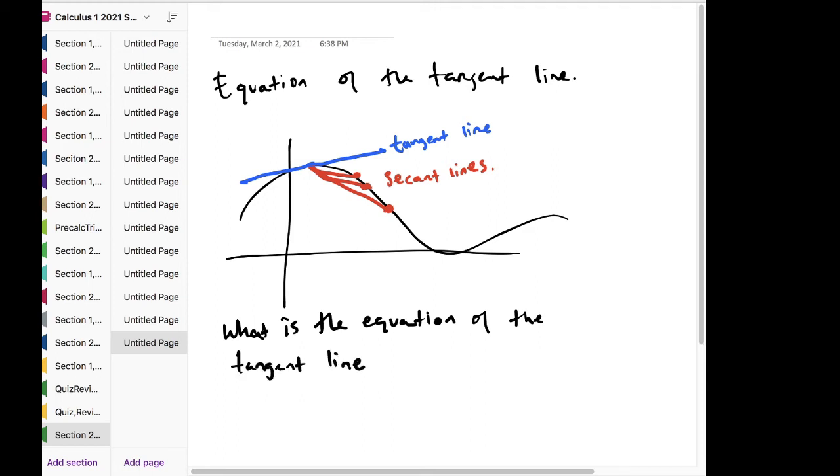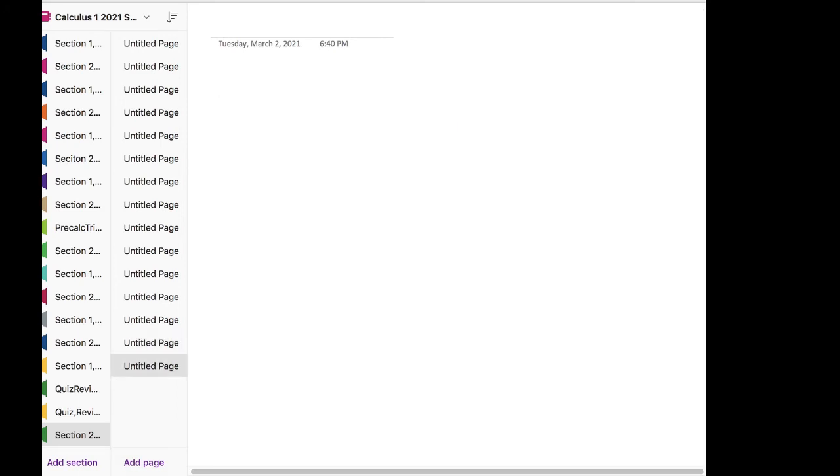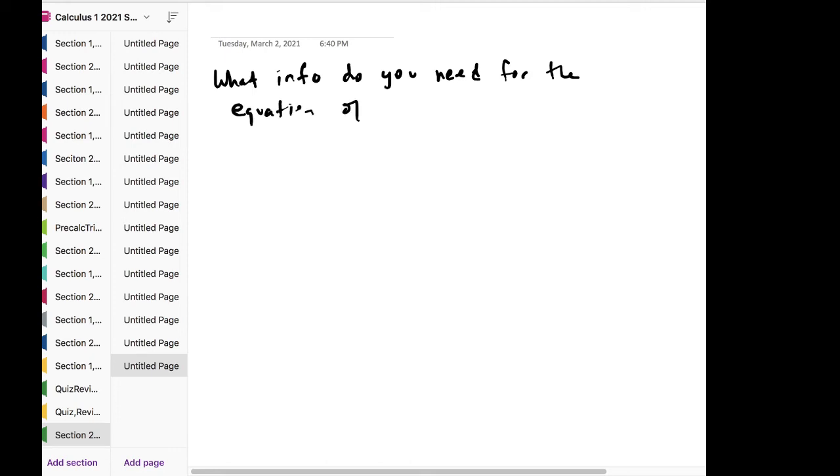And actually, you already know the answer, so you don't need to say it. But let's see if you remember what equations of lines are. What info do you need for an equation of a line? I definitely need slope.